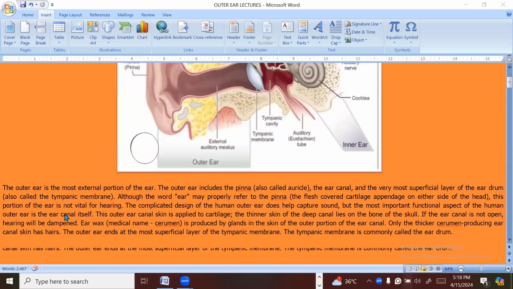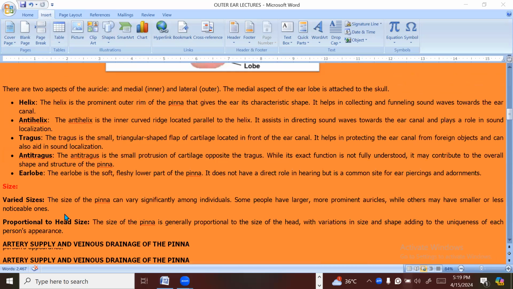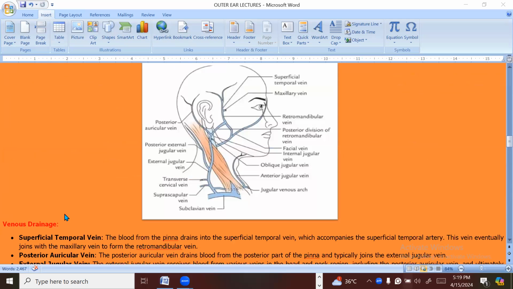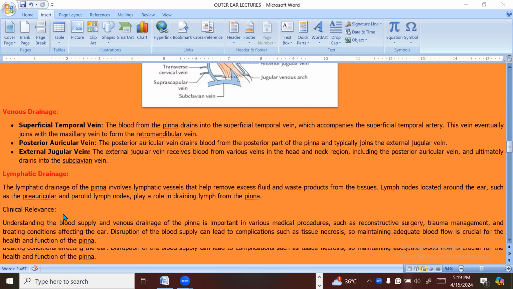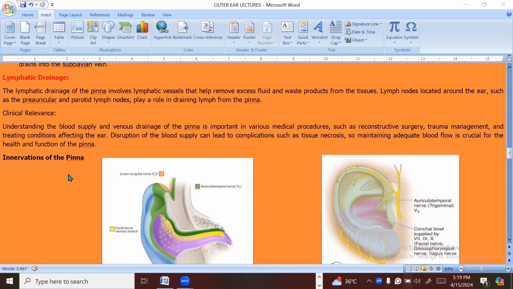And we went forward to look at the EAC, the external auditory canal, where we also looked at the structure, the parts, the functions, the blood supply and drainage, the lymph node drainage system, the innervation, the functions, and the clinical relevance. With this, we've been able to look at the external ear, the pinna and the external auditory canal.